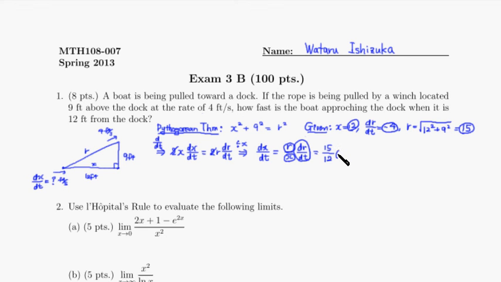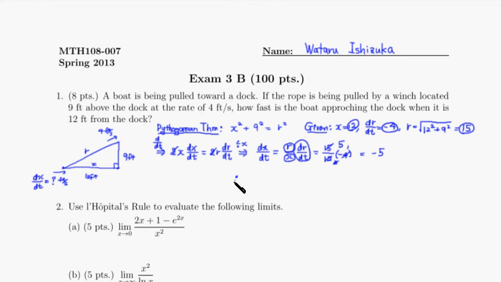So I put -4. All right, so 4 and 12 cancel out, leaving 3. And the 3 and the 15 cancel out, leaving 5. So it's going to be -5, right?